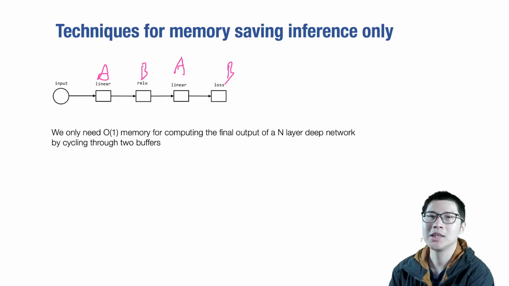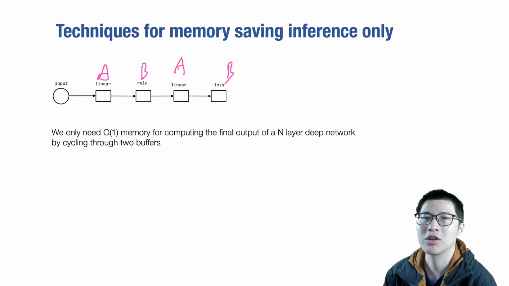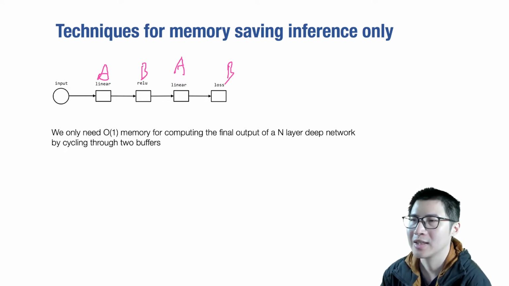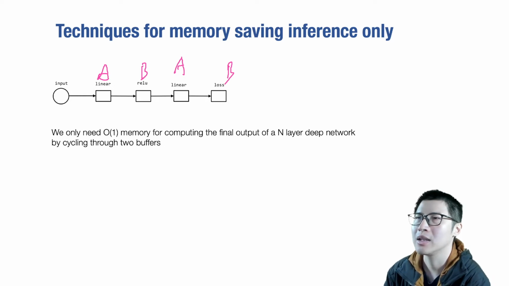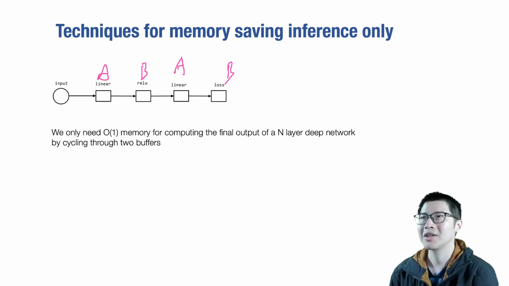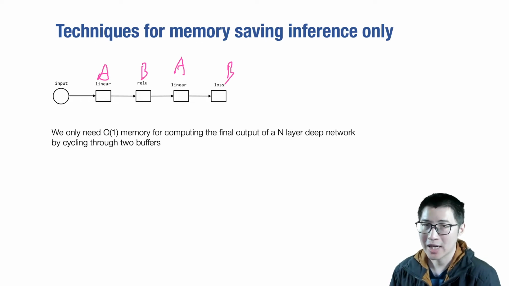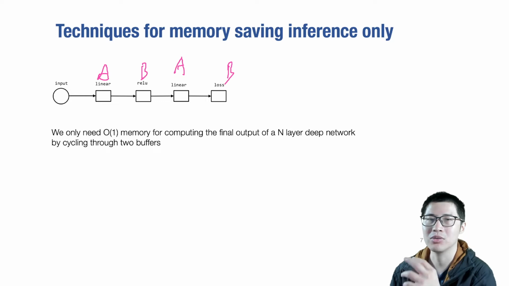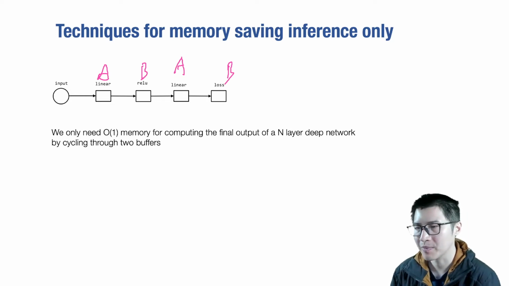Of course, real-world models are much more complicated than this one, so there will be different kinds of sources of memory consumption. For example, if I have skip connections, I cannot immediately deallocate buffer A. But there are techniques that help us reduce the memory as much as possible.